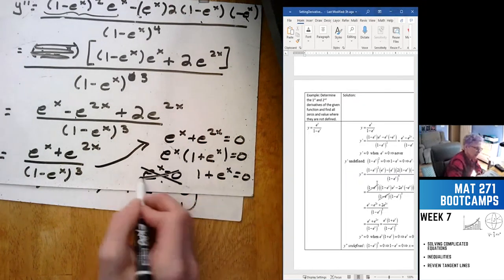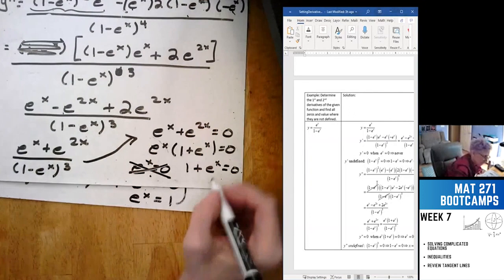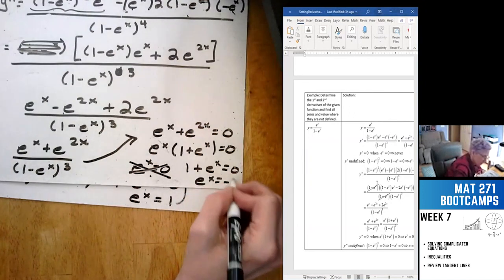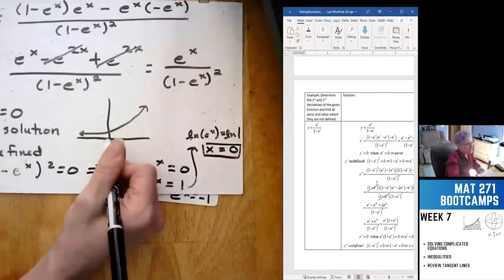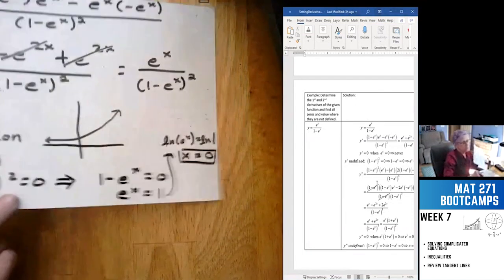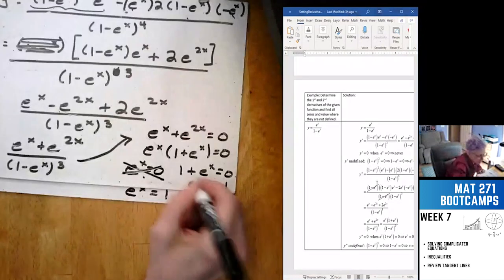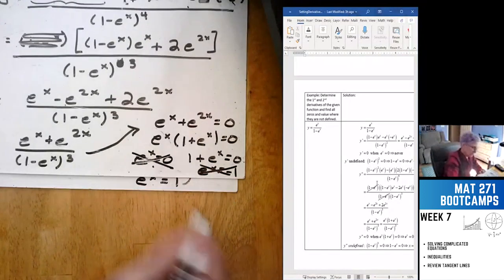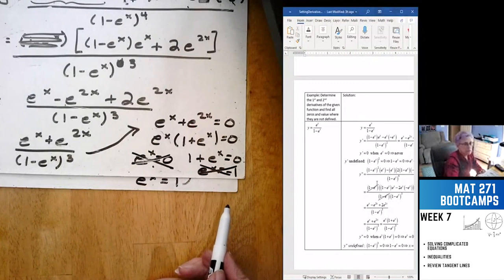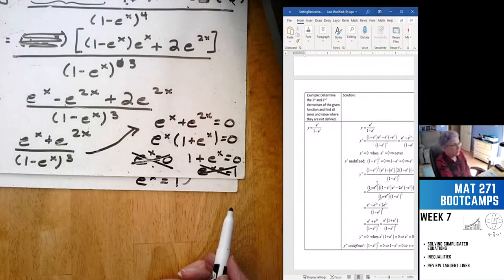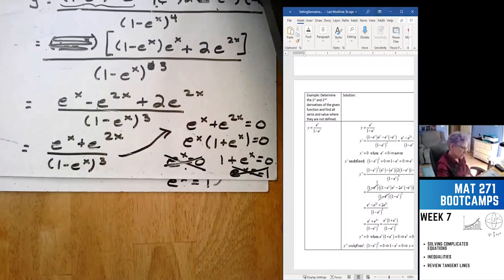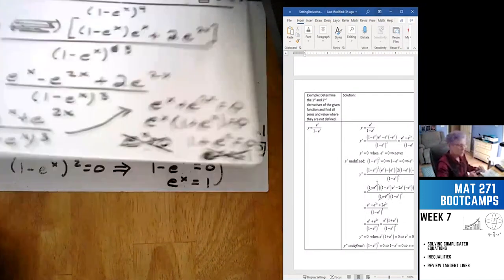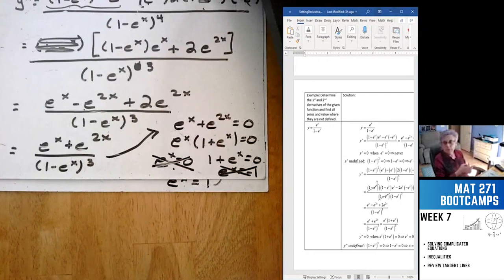Well, we already know that ain't happening. E to the x equals -1. E to the x looks like this. It lives completely above the x-axis, so that ain't happening either. So the second derivative is never, ever, no, not ever, equal to 0. And it is undefined when x is equal to 0, just like the first derivative was.